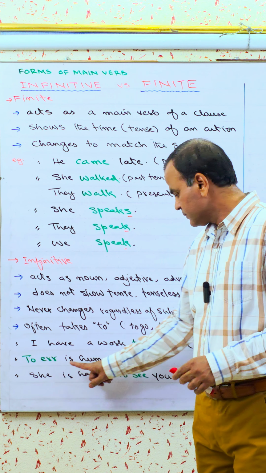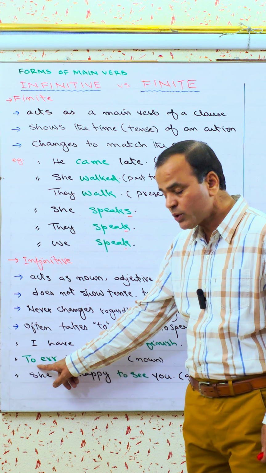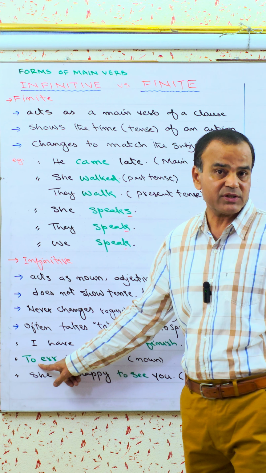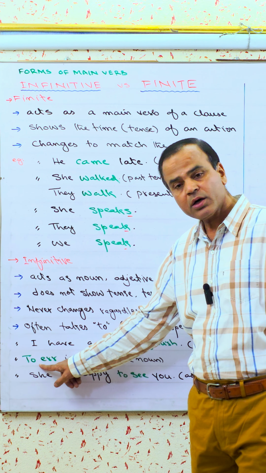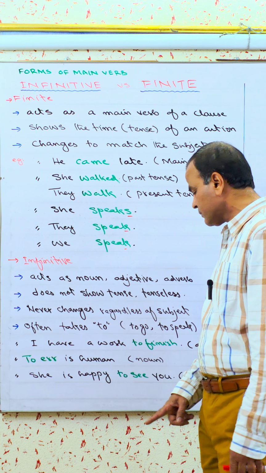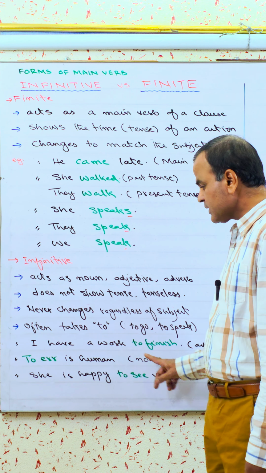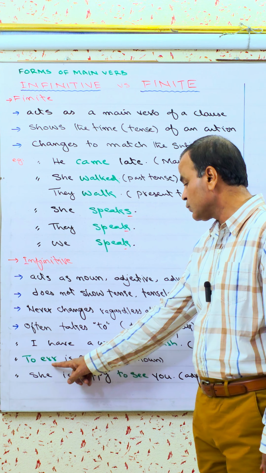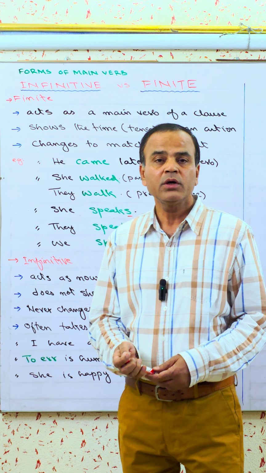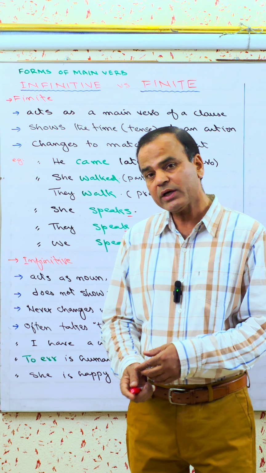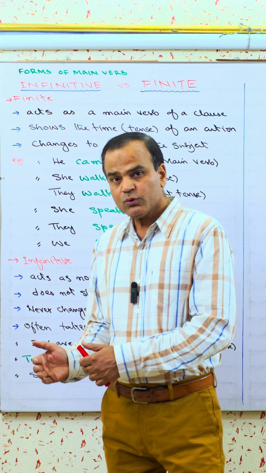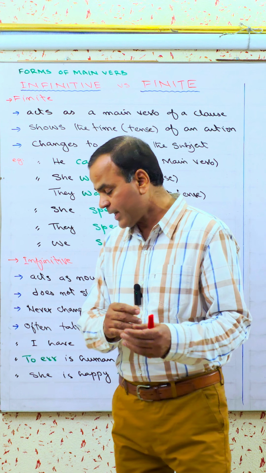To err is human. Here to err is used as the name of an activity, means to make mistakes, making mistakes, to err. So we will consider it as a noun. So here it is used as a noun and as the subject of the sentence. And we already know that no part of speech can be the subject of the sentence except a noun or pronoun. A verb can be used as a subject when it functions like a noun.